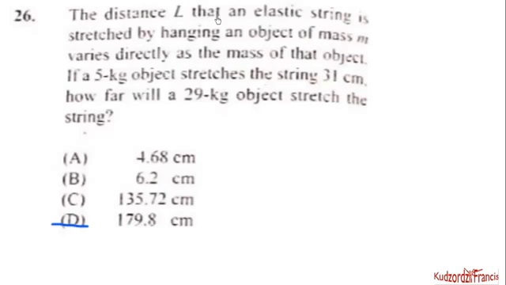The distance L that an elastic string is stretched by hanging an object of mass m varies directly as the mass of the object. So the distance L varies directly as the mass of the object.